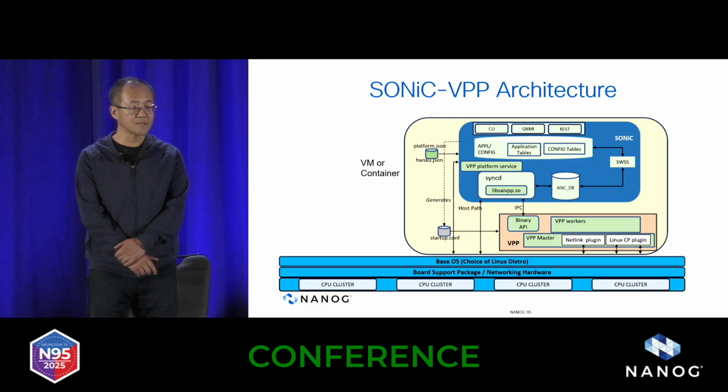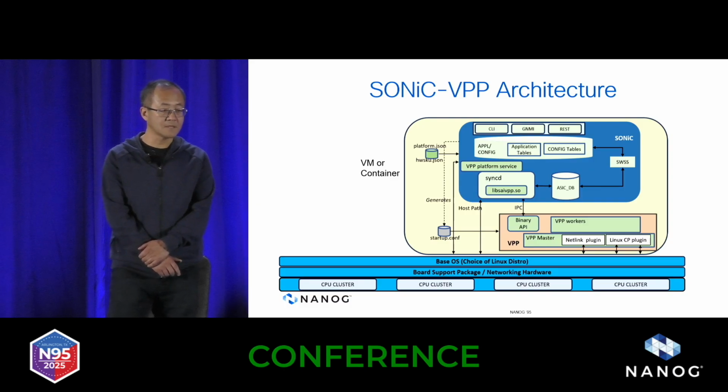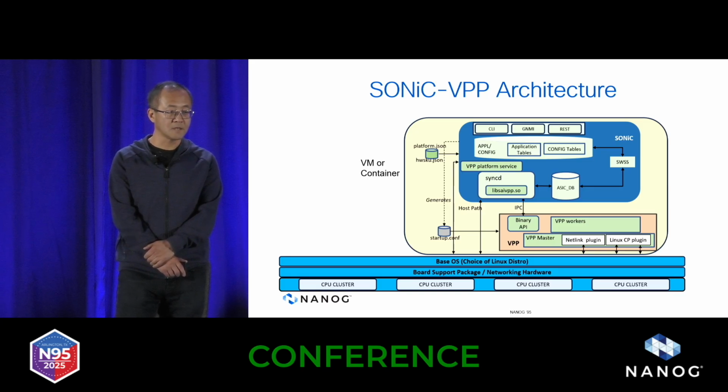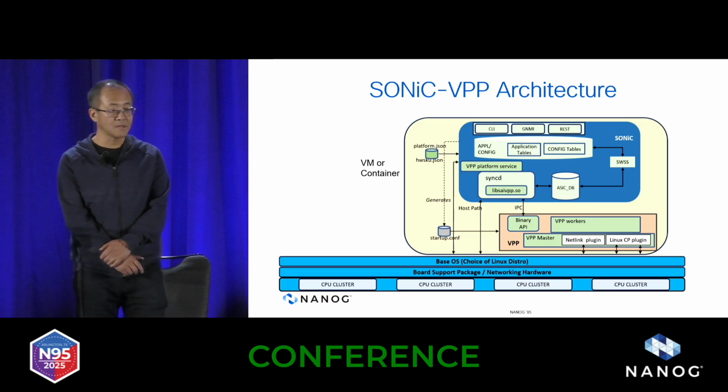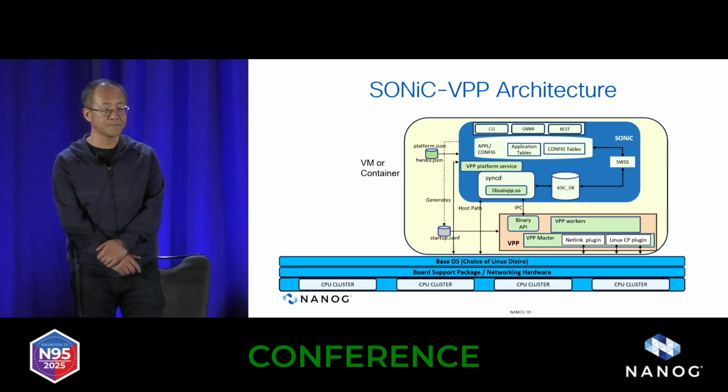It programs the data plane through syncd, and syncd programs the VPP data plane using libsaivpp.so, the SAI implementation for VPP. Internally, it is an IPC call to VPP through the binary API, because VPP runs in its own process.